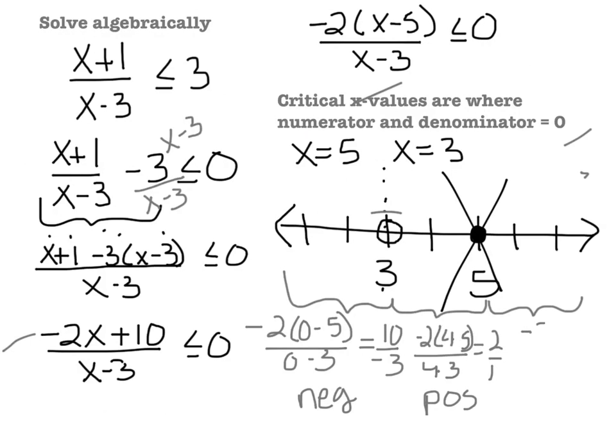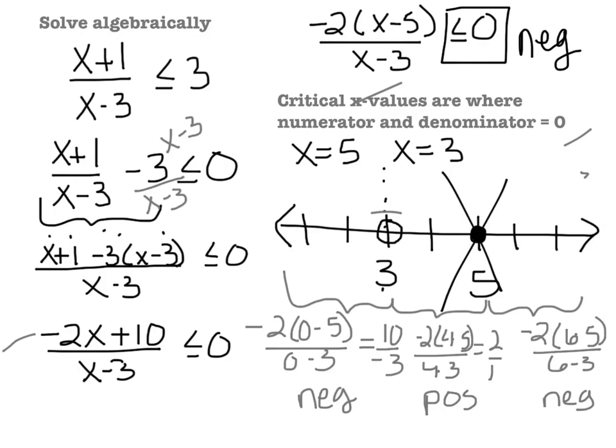So we'll plug in -2 times (6 - 5) over (6 - 3), which gives you negative 2 over 3, and negative 2/3 is negative. I'm running out of room here. But what you're looking for is less than 0, which means negative.